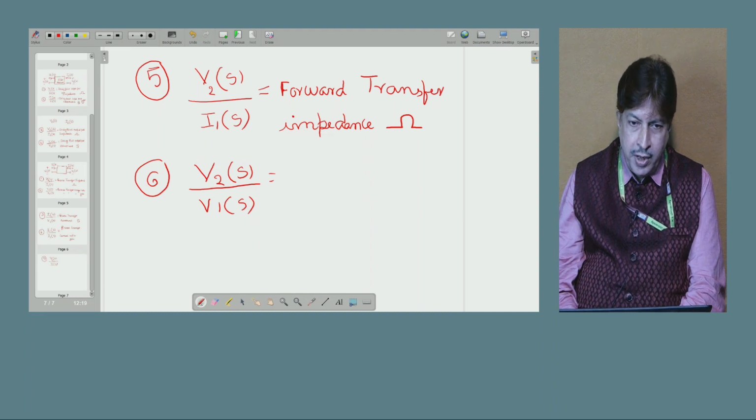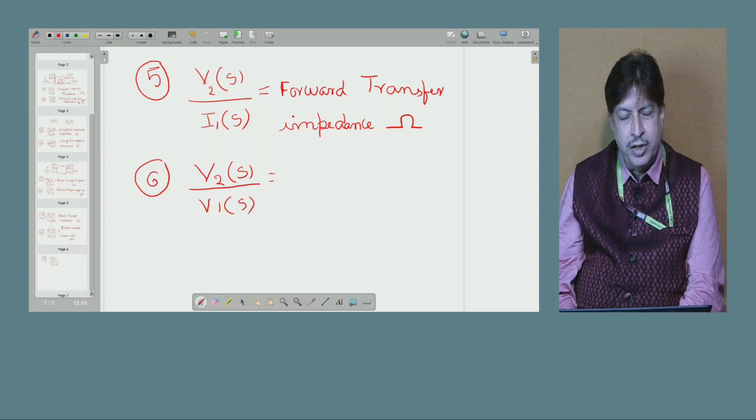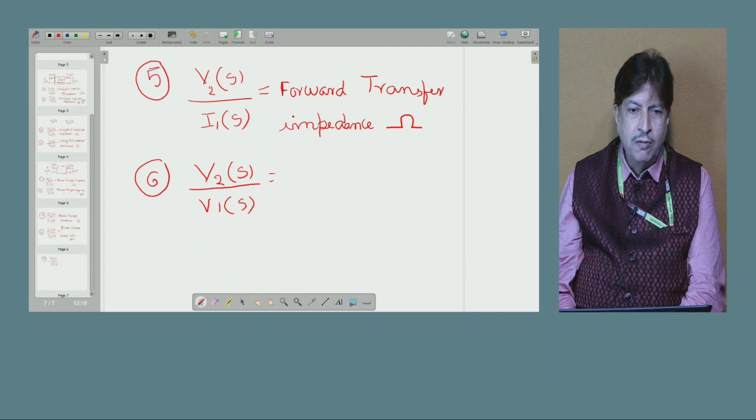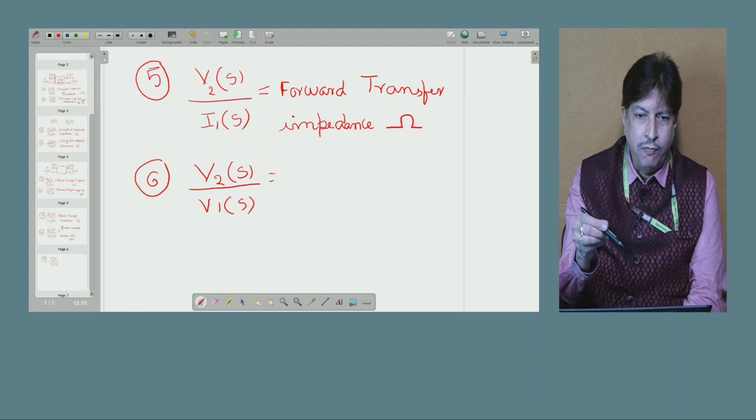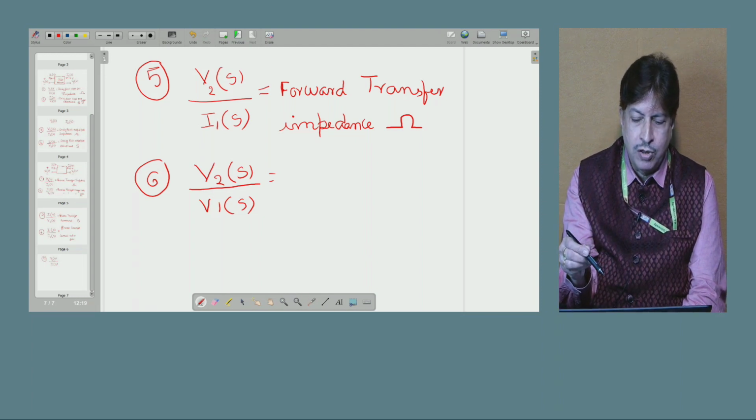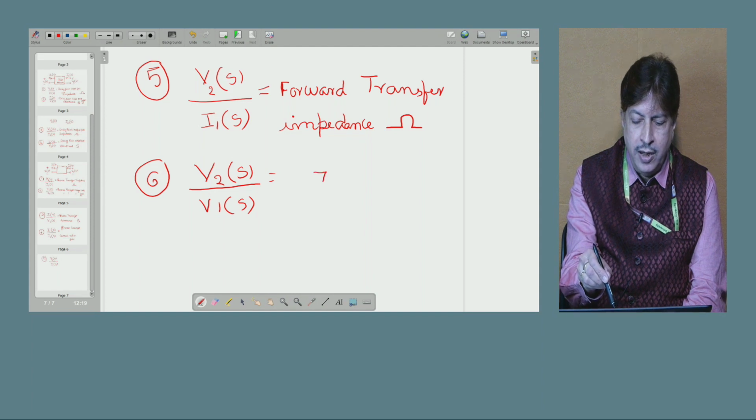What is the unit? The unit of this is constant. There is no unit. It is voltage to voltage ratio, hence it is a simple number. The name we give to this is forward transfer voltage ratio or forward transfer voltage gain.